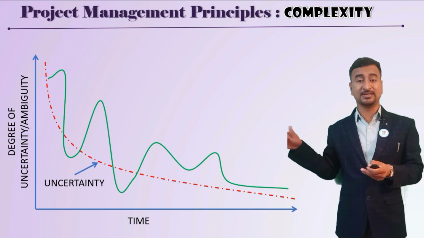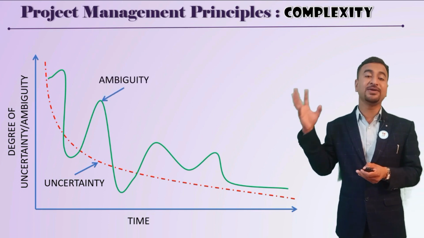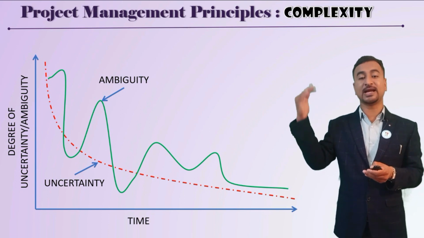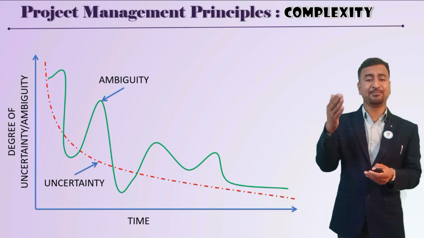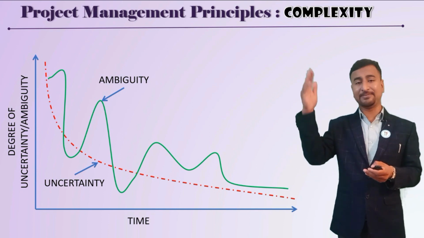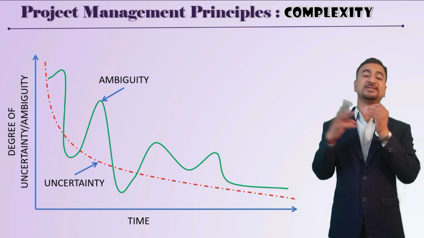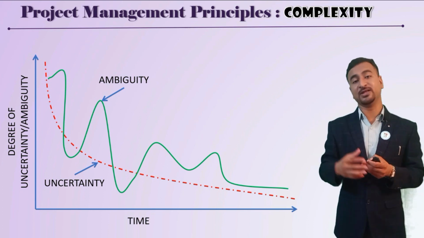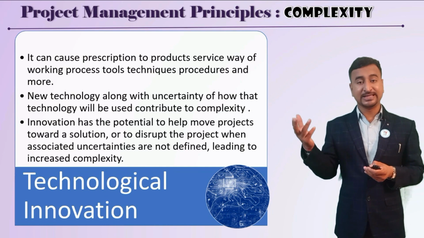So that is the uncertainty. But the green line is showing your ambiguity. That is completely different. There is no correlation that your ambiguity will be high at the beginning and low at the end. It may fluctuate like this. It's too volatile. So this is how ambiguity and uncertainty behave in the project environment, and how you can reduce that, we will discuss.